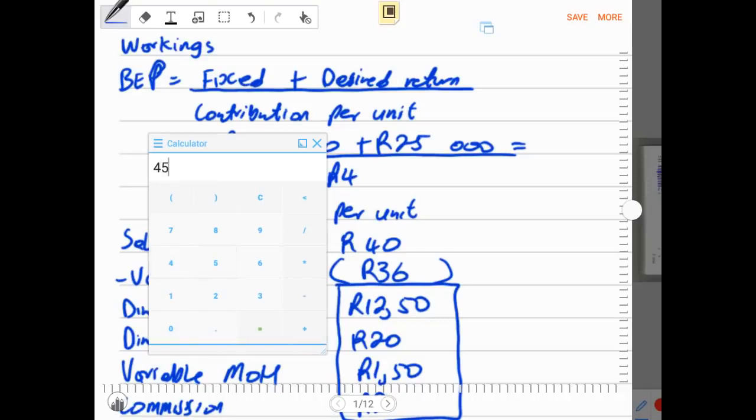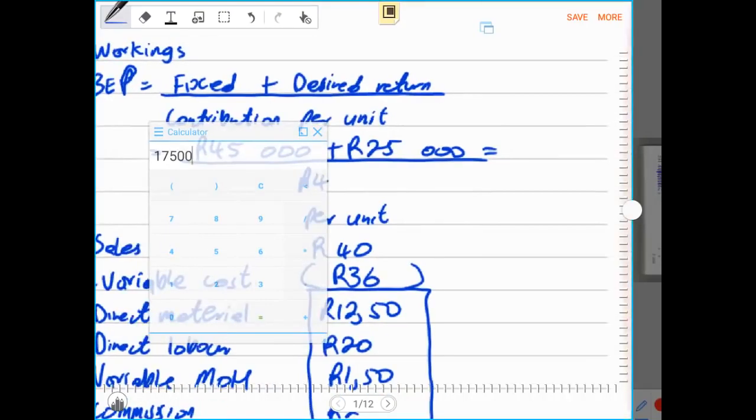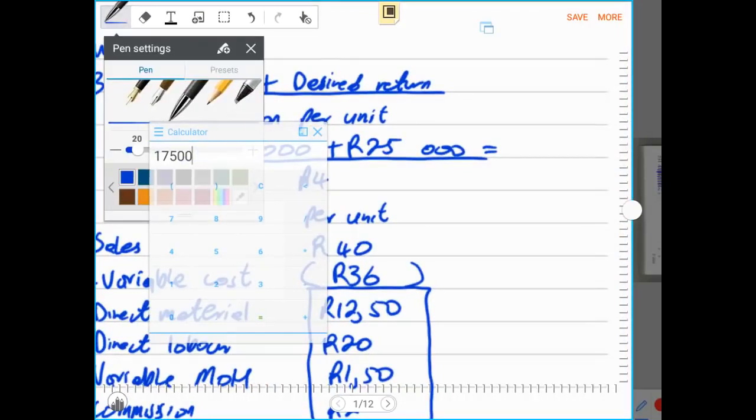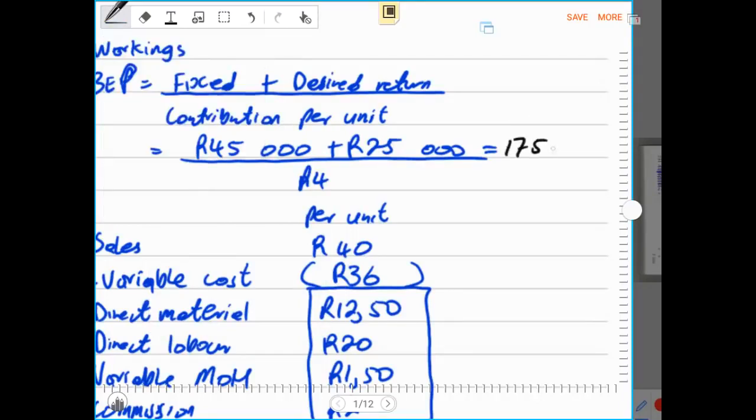So we have 45,000 rands plus 25,000 rands, then we divide by 4, and this will give us 17,500 units. Therefore, the company needs to sell 17,500 units in order for the owner to get the desired return of 25,000 rands.